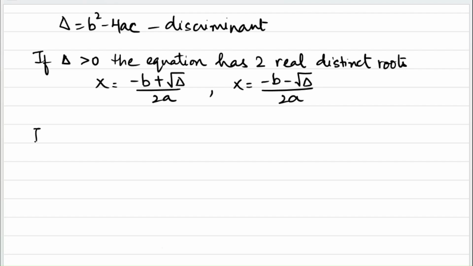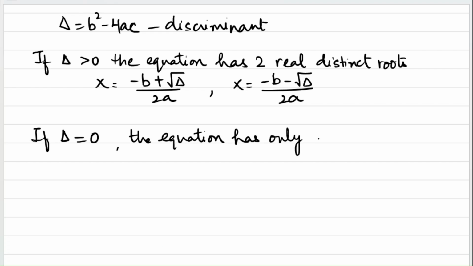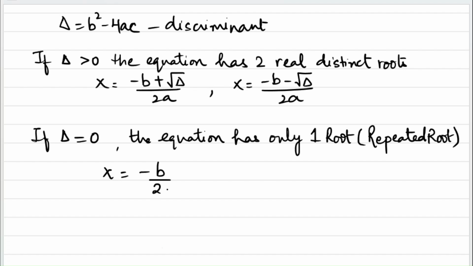If the discriminant is equal to 0, then the quadratic equation has only one solution, called a repeated root, and that repeated root is given as x equals minus b over 2a. So we have just one solution. Suppose the solution is 5, then that's a repeated root, meaning 5 and 5 are the solutions of that equation.